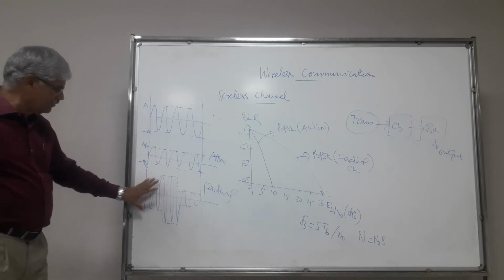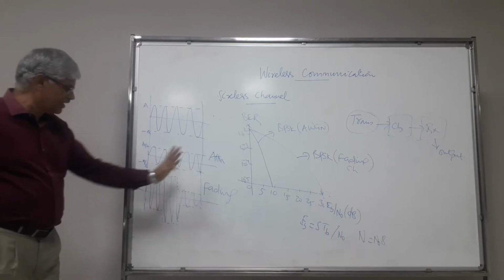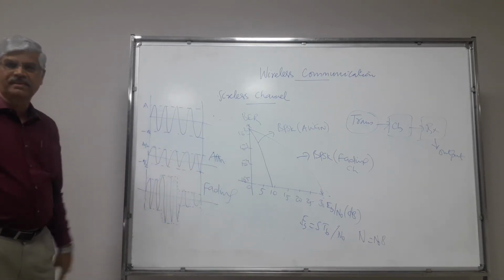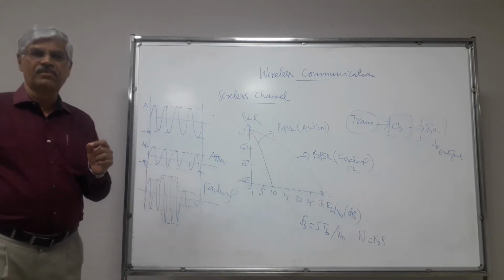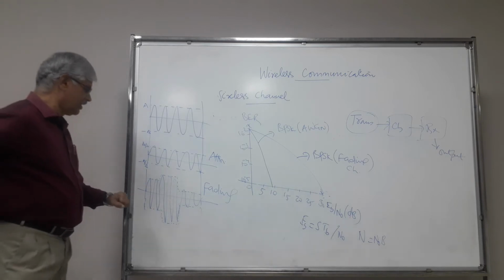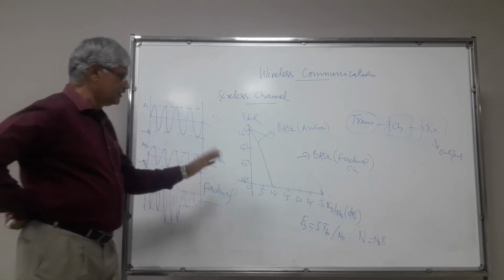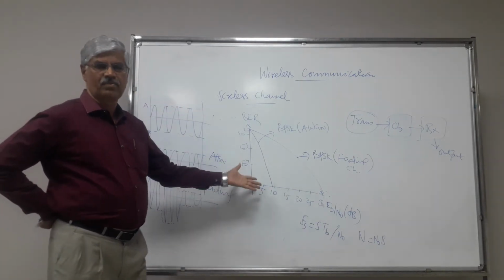Sometimes for one bit you experience this kind of a fading, and another bit will experience a different type of fading, because it is a time variant system. So it is a time variant phenomenon, and this behavior is still an average behavior. So on an average, this performs like this.